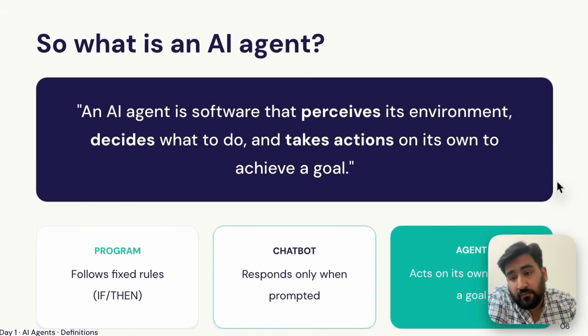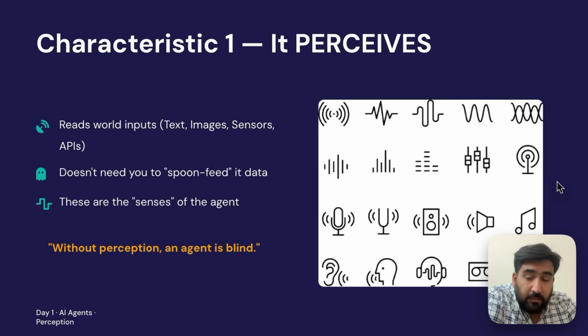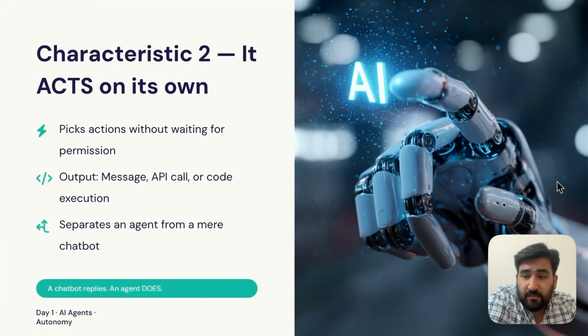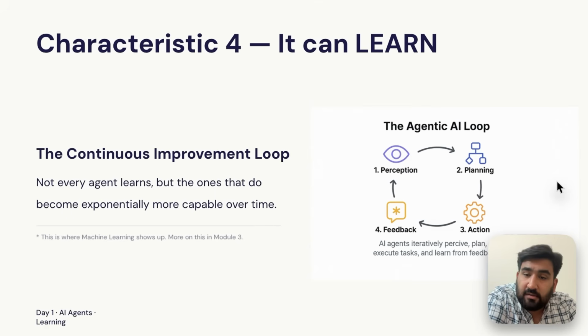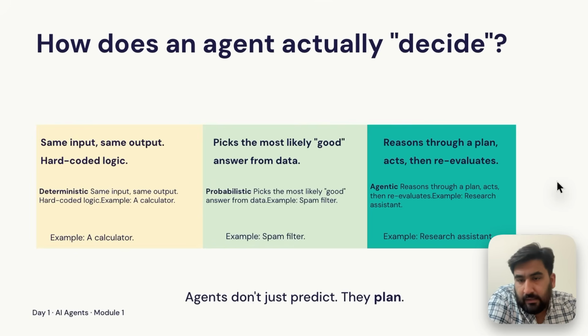You can give the example of what is a program, what is a chatbot, and what is an agent. You can dive deeper into the characteristics: what is perception, where it perceives from, how it acts on its own, how it reaches towards its goals, how it can learn with the continuous improvement loop, and you can further explain how agents actually decide. You can take the example of a calculator, a machine learning model, and then an agent. They don't just predict, they plan.